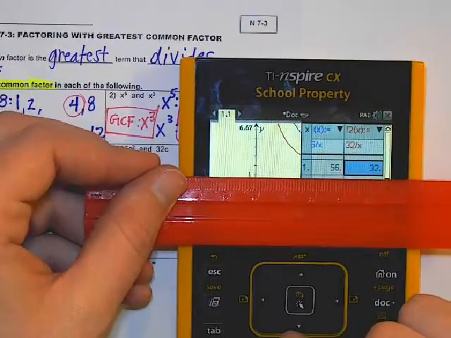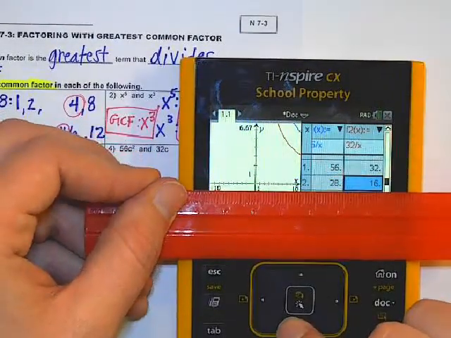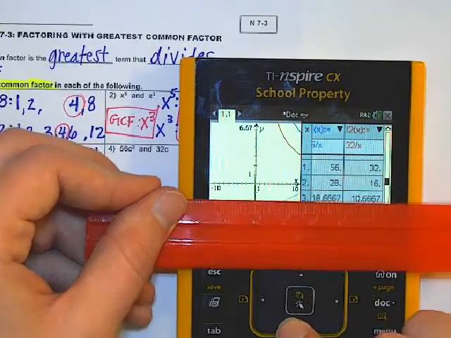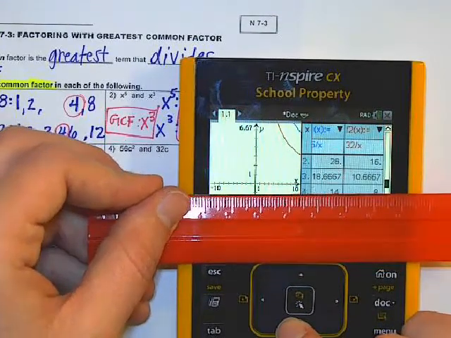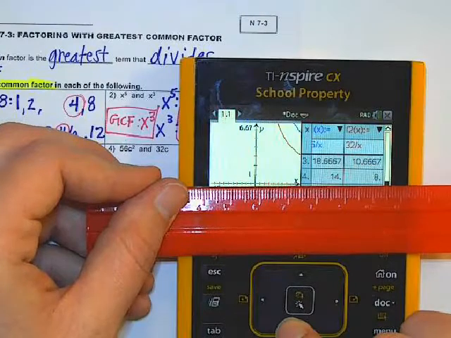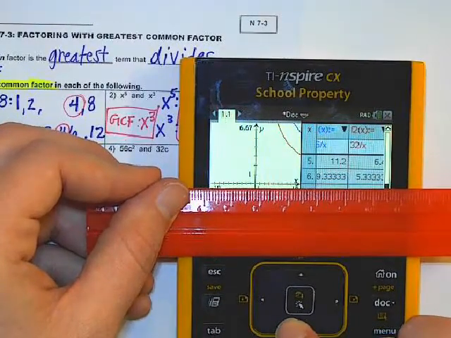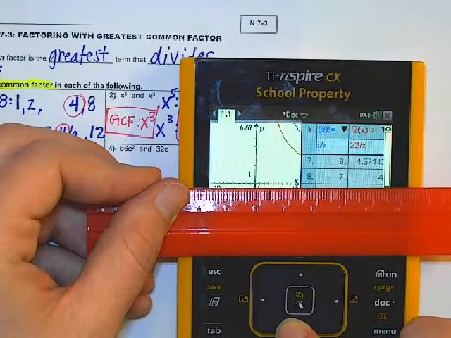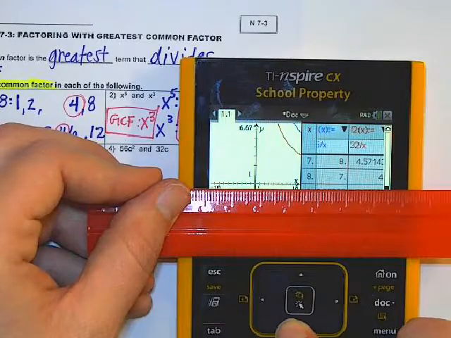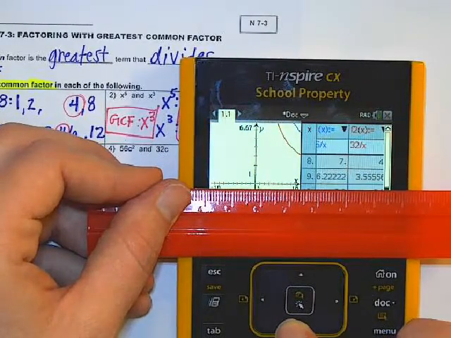Does 1 work? Yes. Does 2 work? Yes. Does 3 work? No, because it has decimals. Does 4 work? Yes. 5? No. 6? No. 7? 8? Does 8 work? Are both of those whole numbers? Yes. So 8 is the highest number so far.